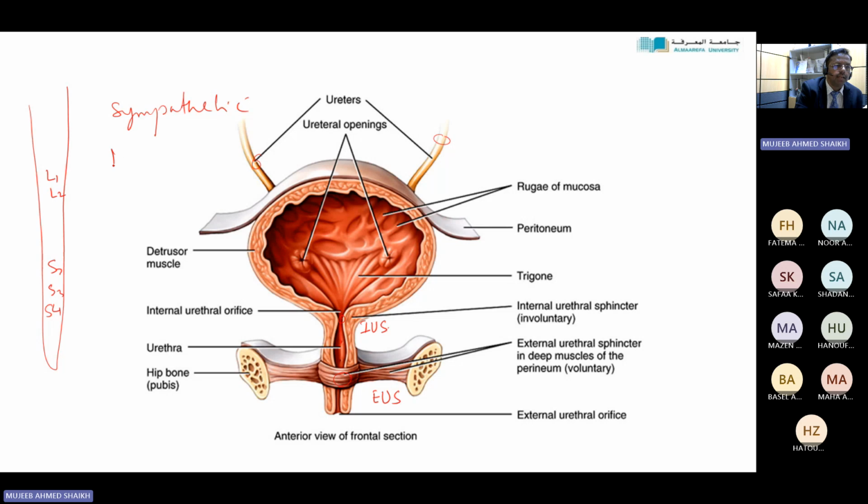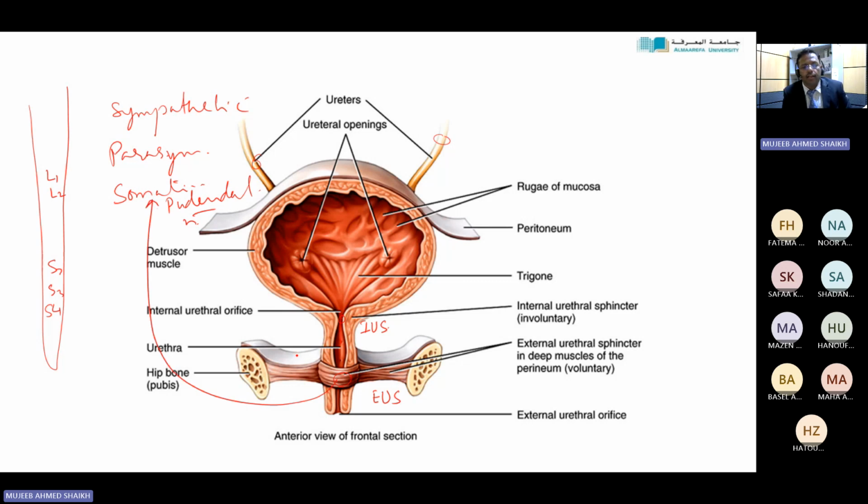One is parasympathetic. And somatic. Somatic is the pudendal nerve, which is supplying the external urethral sphincter.